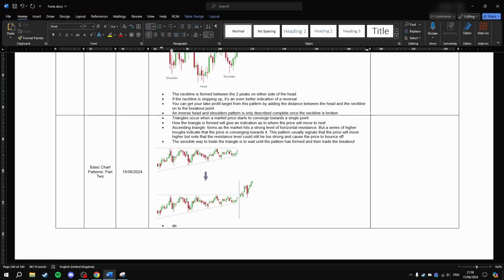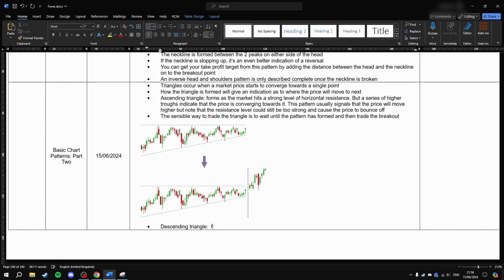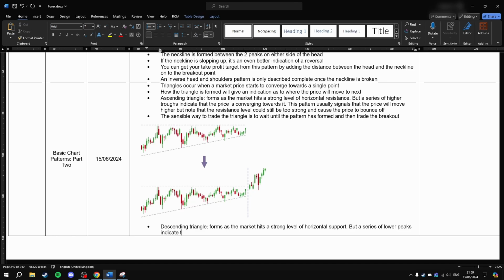A descending triangle forms as the market hits a strong level of horizontal support, but a series of lower peaks indicates that the price is converging towards it.